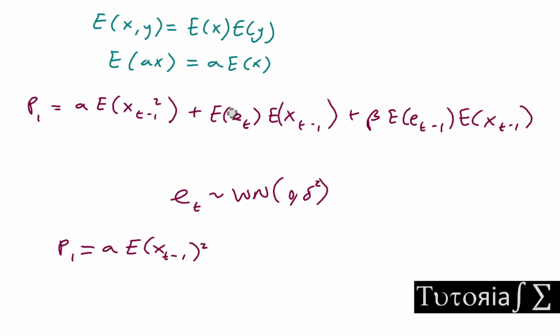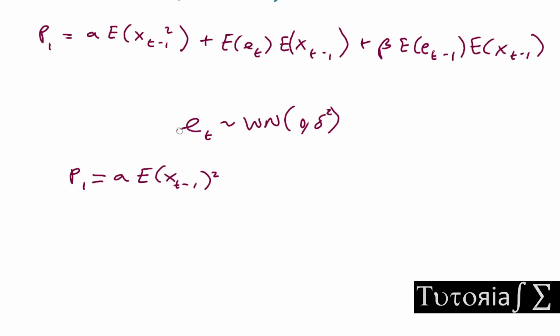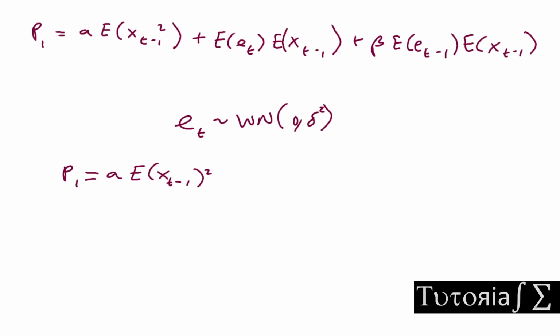So this is 0 because of the et expectation, which is just the mean, and et minus 1, a lag away, would also be 0. So meaning that row 1 is just equal to alpha times the variance. Remember what we said about the expectation of something squared being just the variance.